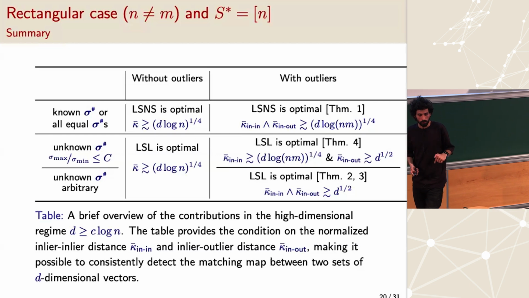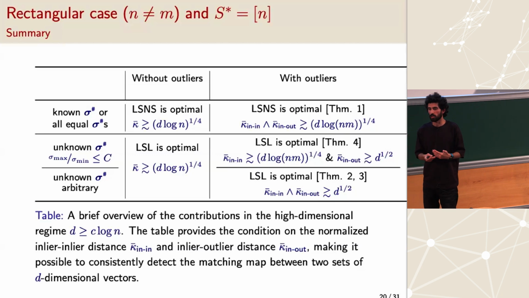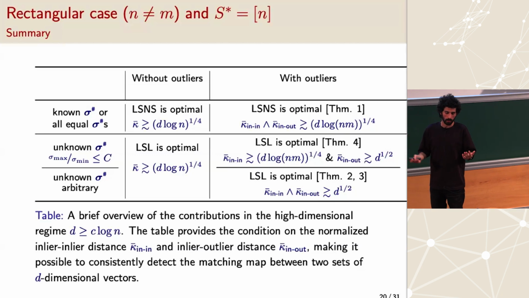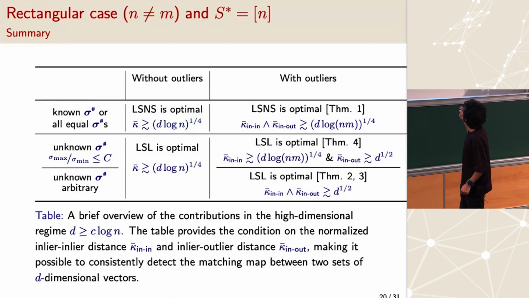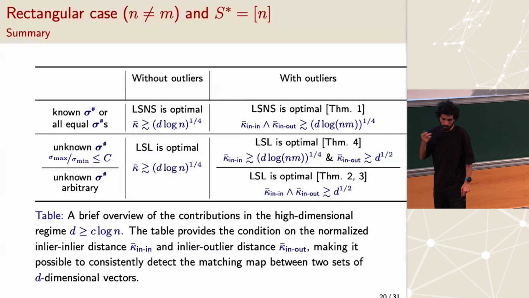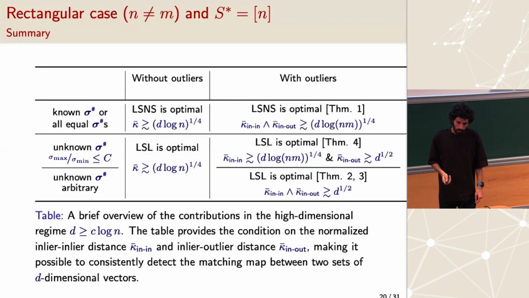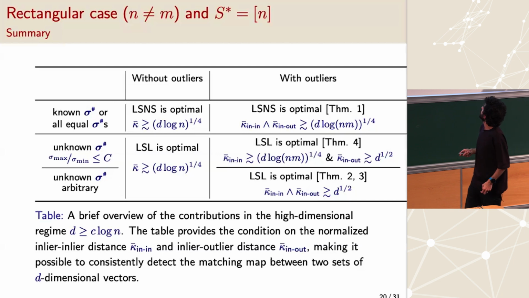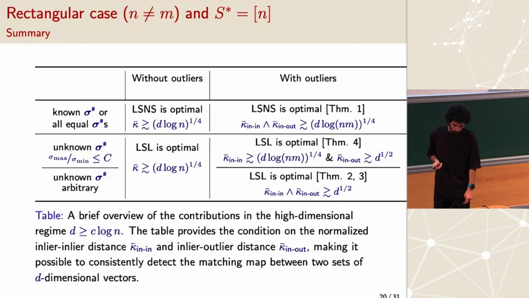If they are not known but equal, we use just the least squares, and these are basically the same estimator. And we show that the optimal rate is d log n to the power 1/4. However, when we introduce outliers in one of the data sets, we need to incorporate these two distances, but the rate doesn't change. So we again have d log n times m to the power 1/4.